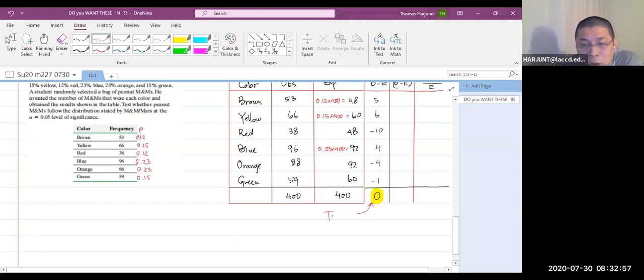To check our computation, this total should be 0.